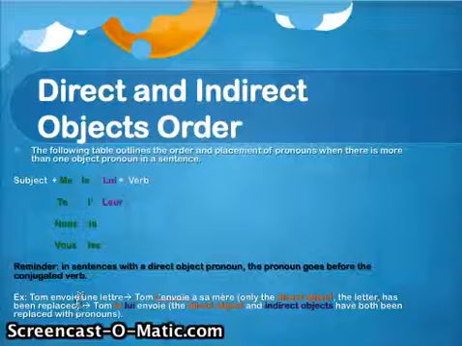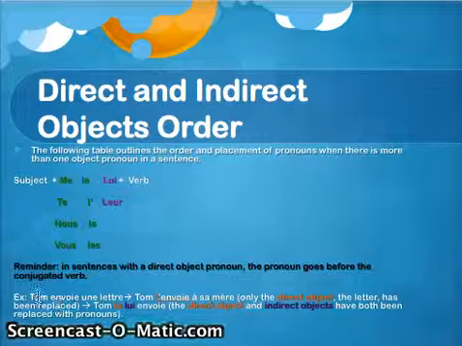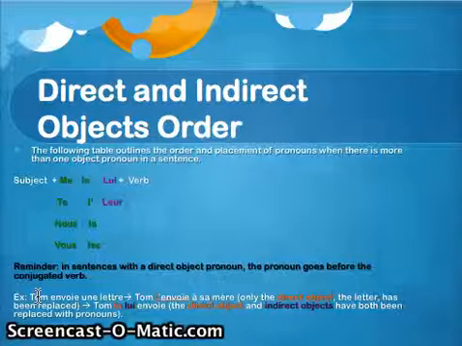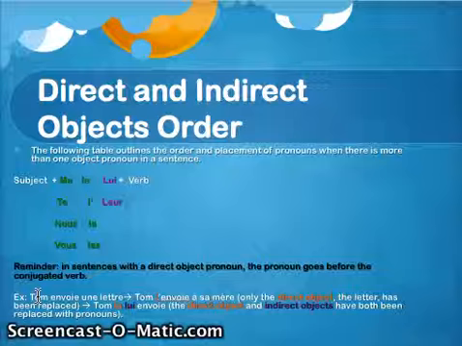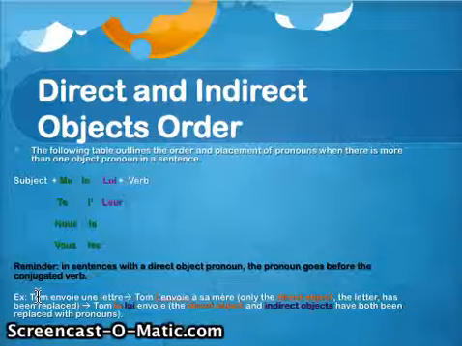And what you need to remember and keep in mind is that your direct object pronoun will always go before your conjugated verb. If you don't understand this today, that's fine. We will get lots and lots of practice with this, so do not worry. It's okay.